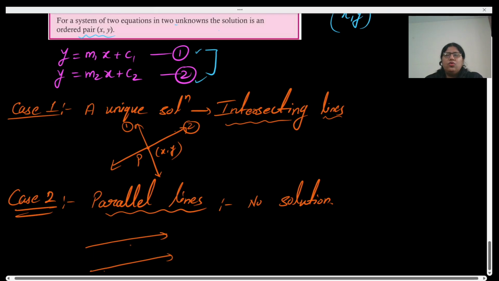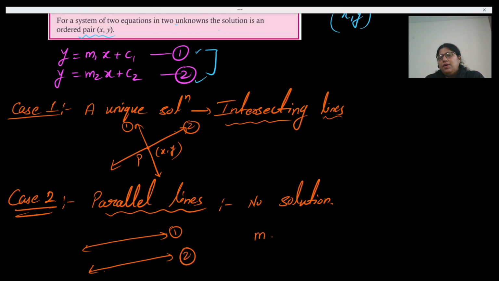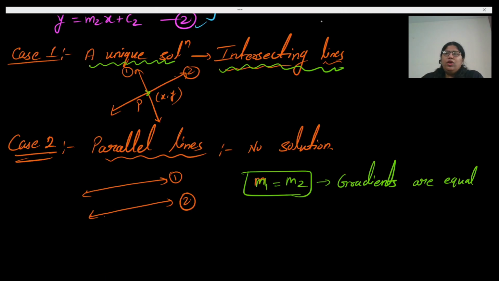So the graph is going to be two straight lines, line 1 and line 2, not meeting at any point. But here you must remember, we always take the gradients as equal. If the lines are parallel, m1 is equal to m2, or we can say the gradients are equal. This you have learned in coordinate geometry as well. Gradients are equal.